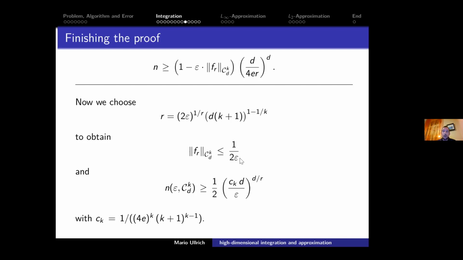Take epsilon to be 1/2, and already we need something like d to the d function evaluations to achieve this error in the worst case. And basically, for every point set you are using, we can write down a function that cannot be integrated correctly. Okay, here's a formula for the constant ck one. It's not so important now, I think.